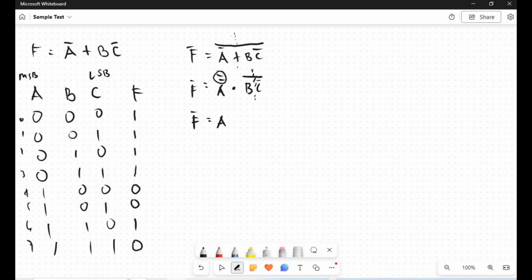So A ANDed with not B and C. So to further simplify, you have A ANDed with not B or C. So that would be the function that you should implement in your standard static CMOS design.